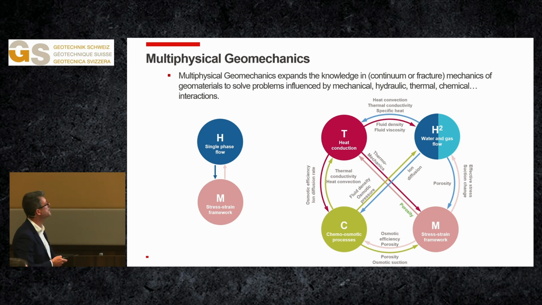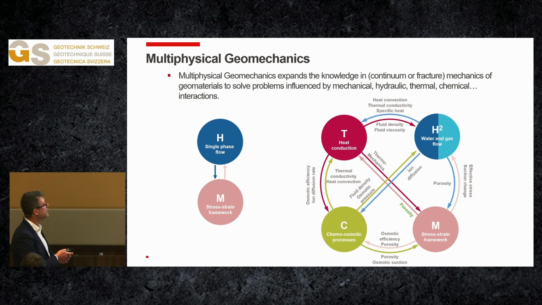We understand that our geomechanical framework now has to be extended into what we call multiphysical geomechanics. It means that we have to account for many variables that we don't consider in classical geotechnics. Classical geotechnics is essentially based on HM, or hydromechanical, formulation. This is why you can solve all your consolidation problems, for example.